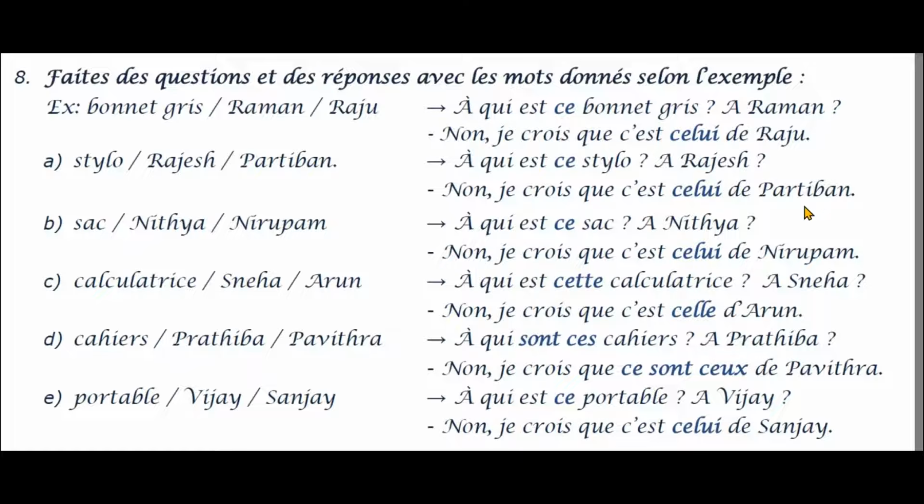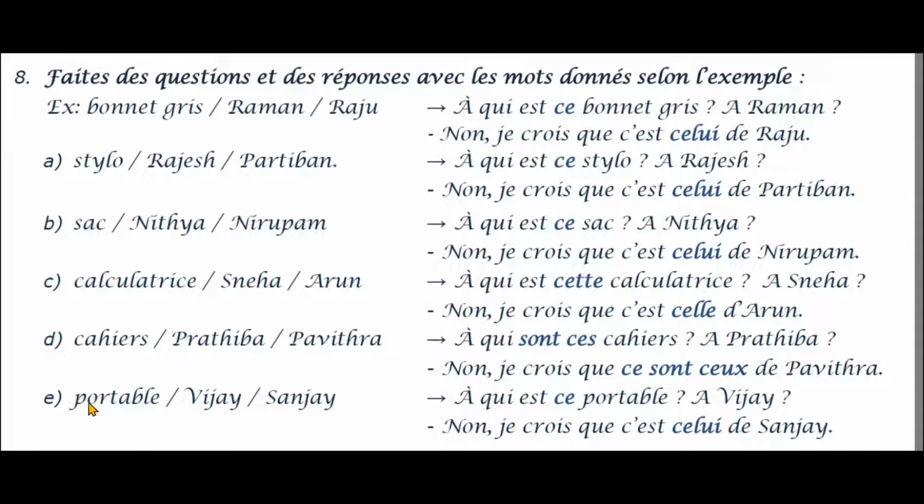That's exactly what is taking place in the first sentence. Similarly, for the second one, you're just going to follow the example. Again, replace this gray hat with sac, which is bag, and replace Raman with Nitya, and Raju with Nirupam. So that's exactly what is taking place here.